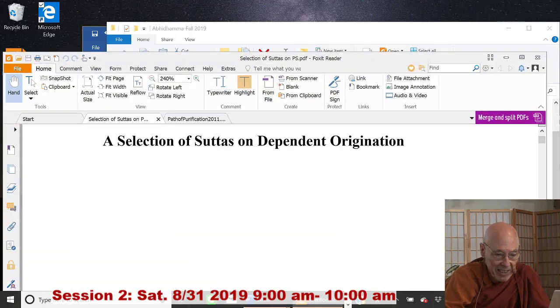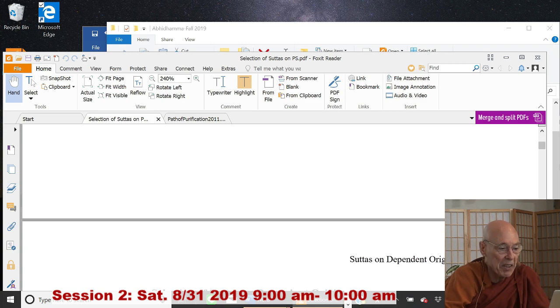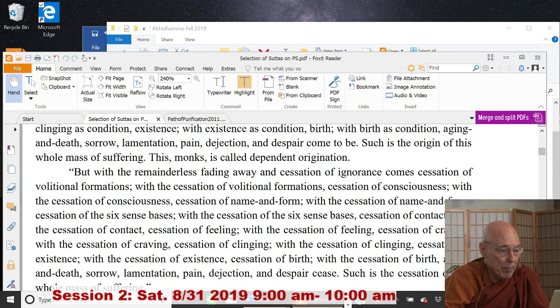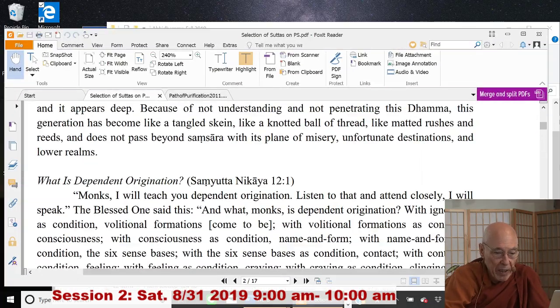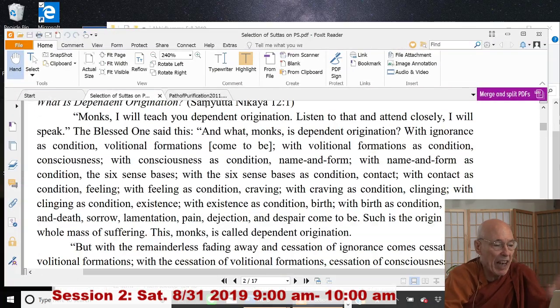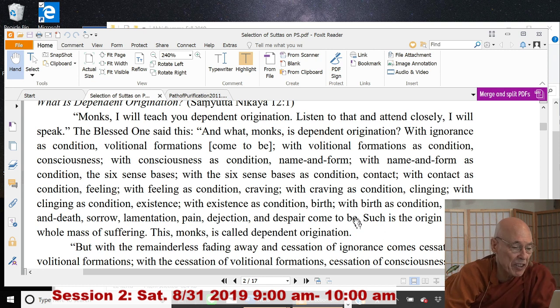And so this is the usual definition that the Buddha gives of dependent origination. For example, this is the opening sutta in the chapter on dependent origination in the Samyutta Nikaya. Here the Buddha says, I will teach you dependent origination.